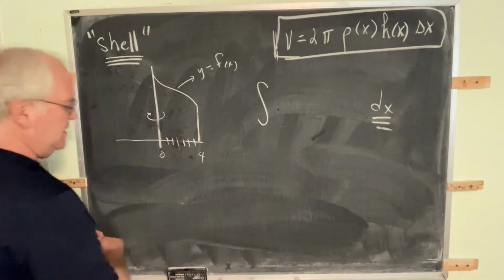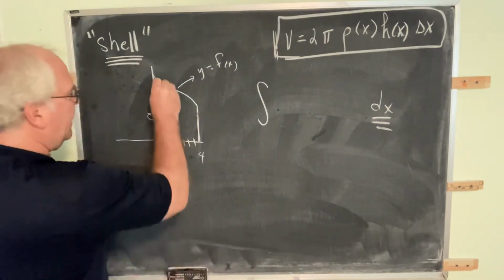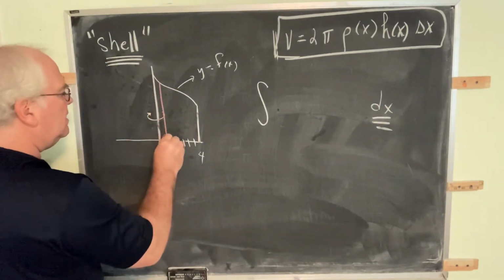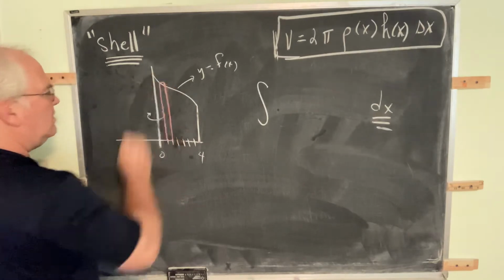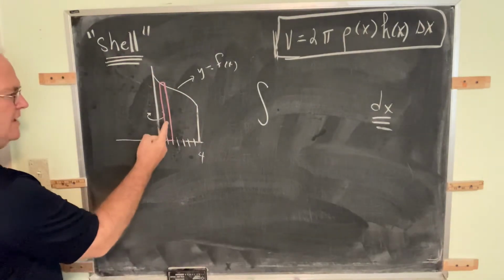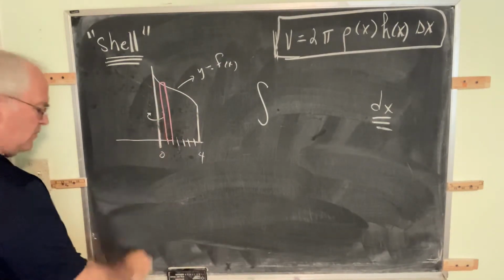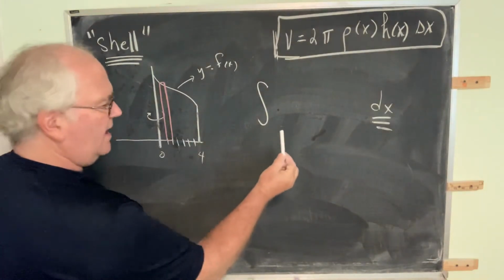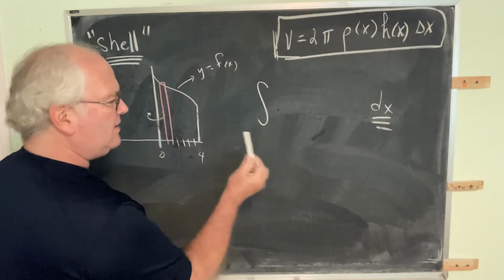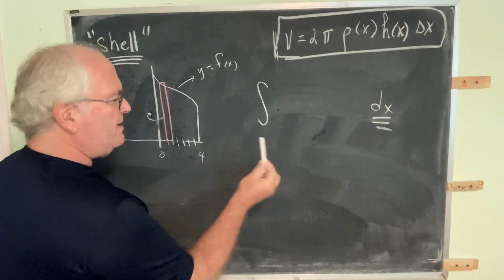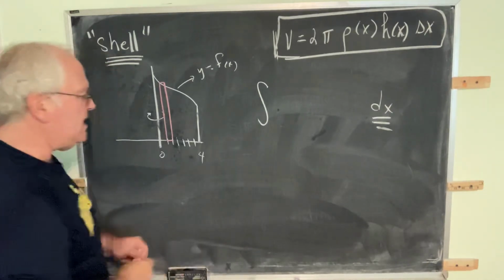Now, the way to think of it is this. Take, let's say, this rectangle. If I take a rectangle, think of this chalk as being a rectangle, and I rotate that chalk about an axis, what I'm sweeping out in 3 dimensions is a piece of pipe.